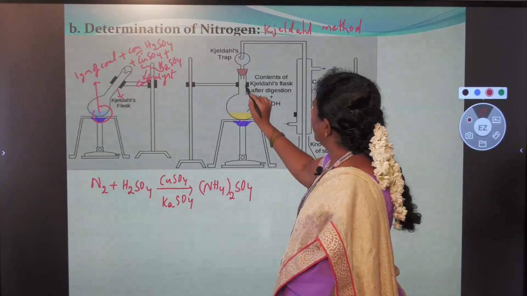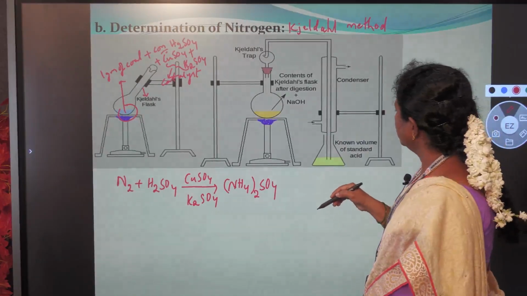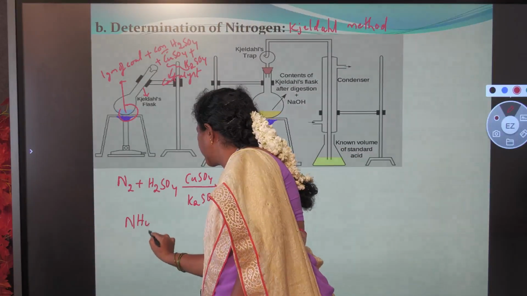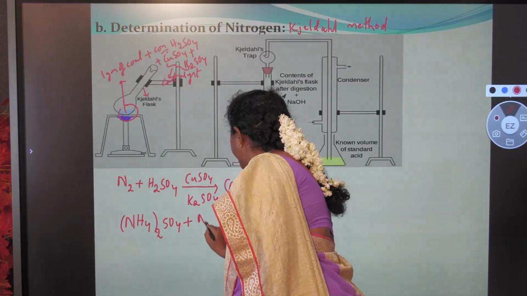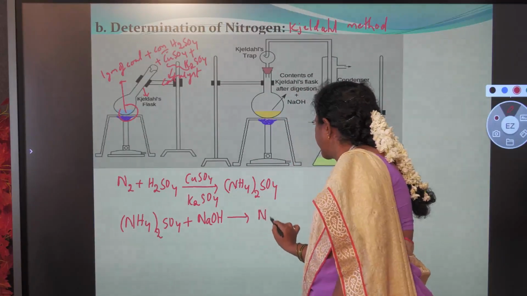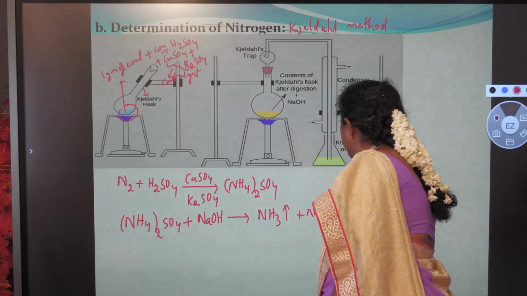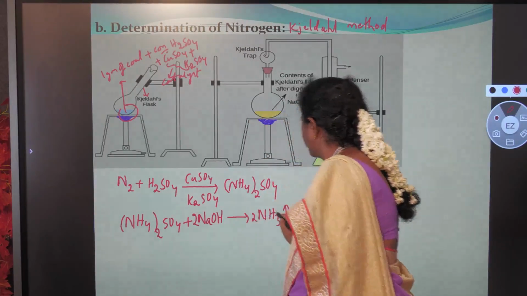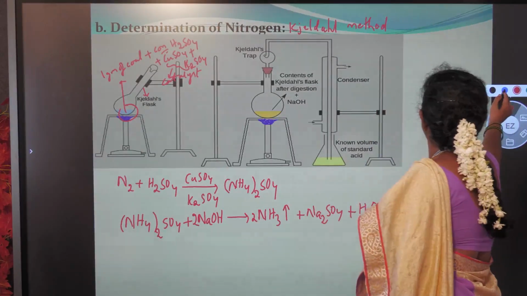The liberated ammonia will be distilled into a standard acid. So ammonium sulfate will be treated with excess of sodium hydroxide, which liberates ammonia plus H2O.